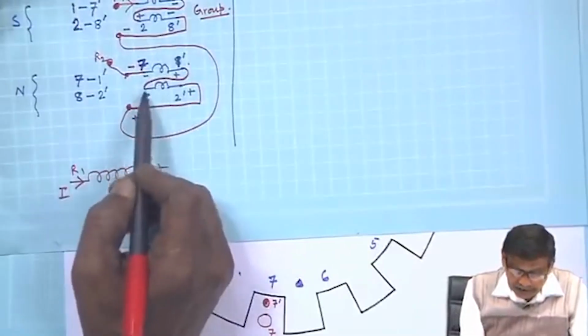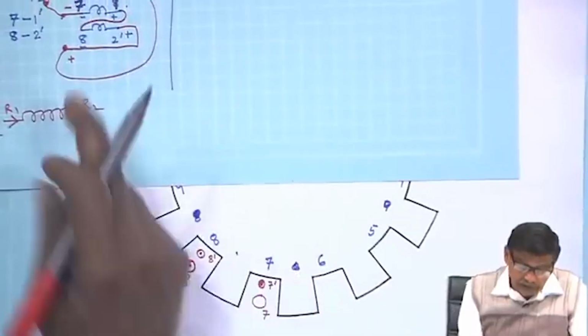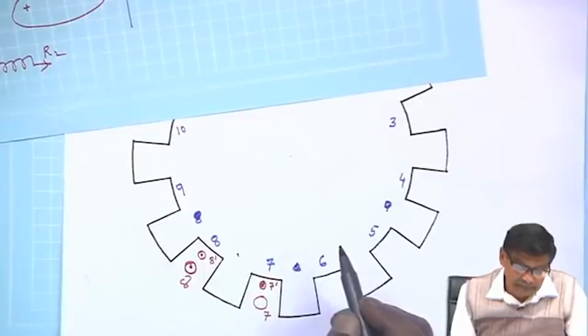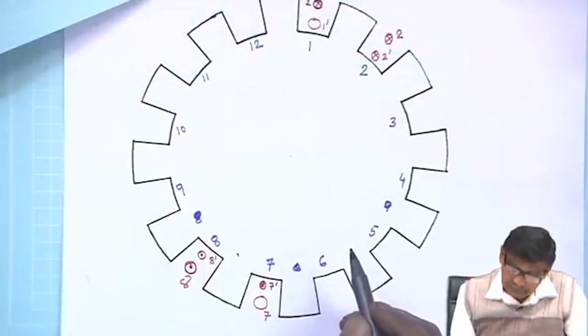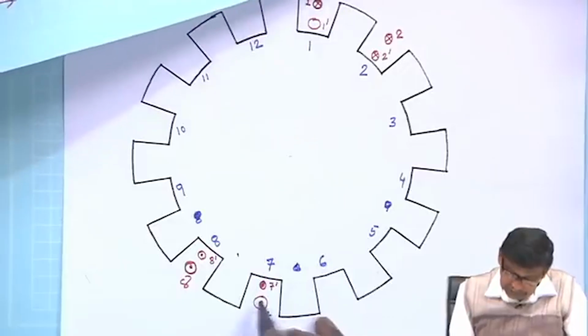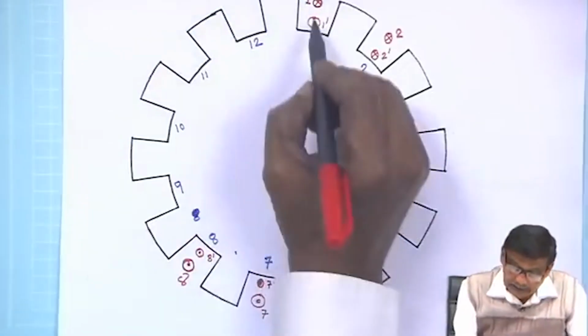Because through 8 and 7 current is entering. This will be the current pattern and this will be cross.